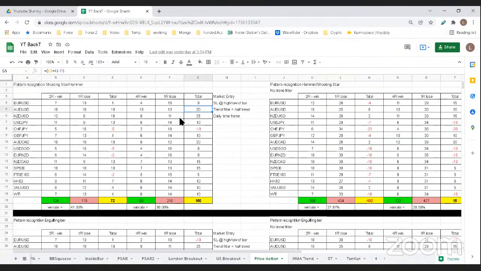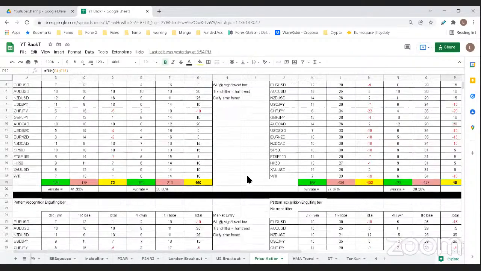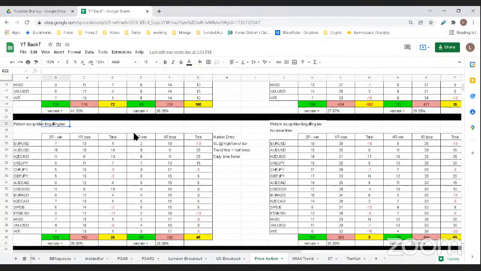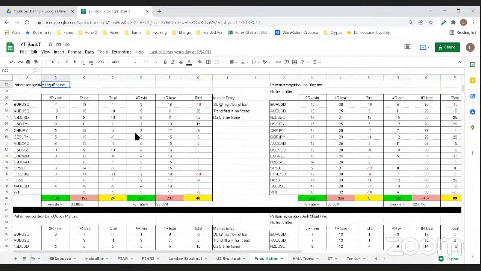The results back then weren't bad. We got a shooting star or hammer, which some of you would know as high test, low test bar. With or without trend filter, the results both come back positive. Then the engulfing body, not the engulfing bar, but engulfing body.